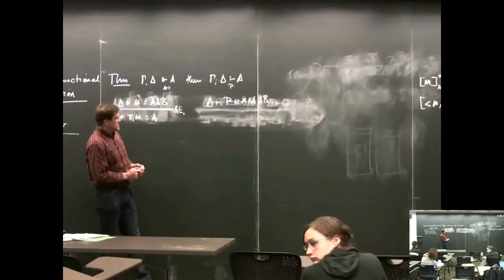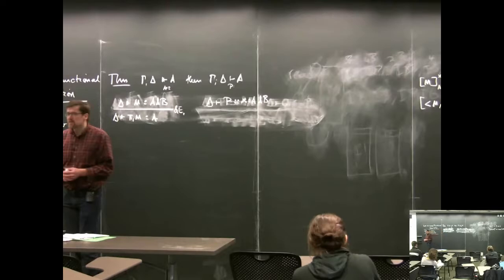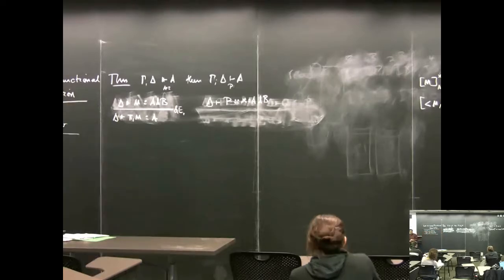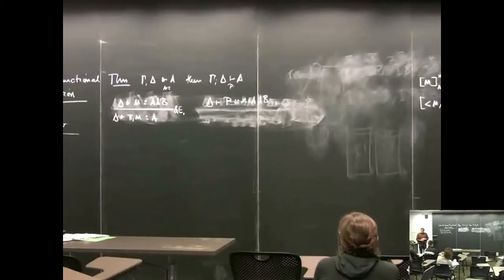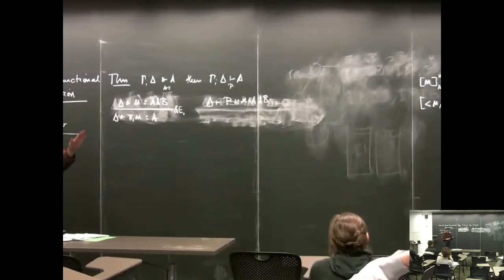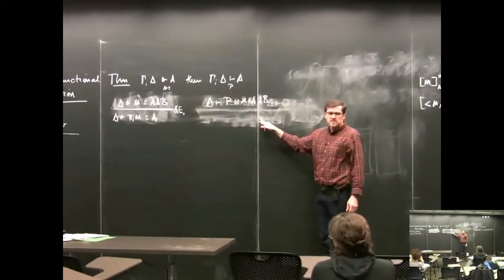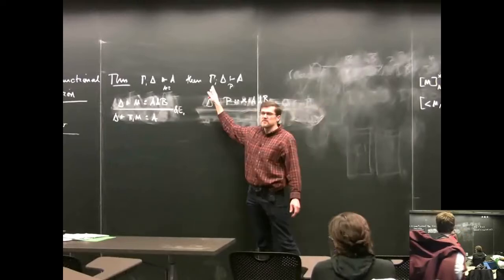Okay, what do I need to get? I need to get some proof of A. How do I do this in the sequent calculus? Anybody remember how that proof goes? Let's forget about the channels for the moment. Just the proof that in the sequent calculus, if you have a proof of A with B, we can get a proof of A, which is this particular case of this theorem, right?